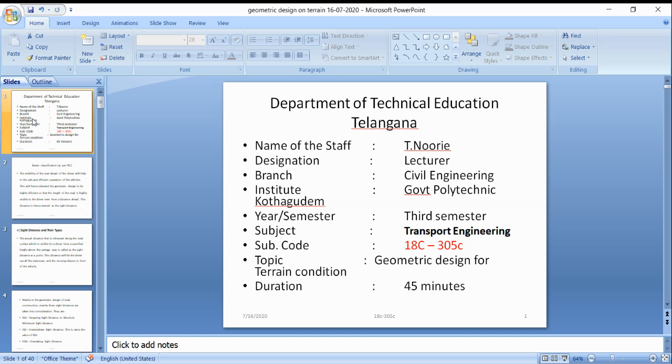Next, we have seen the formation width. Formation width is the sum of the width of the carriageway and the width of the shoulders on either side.